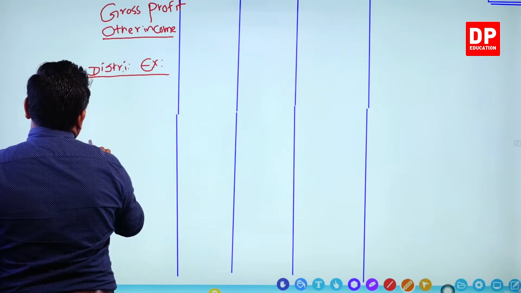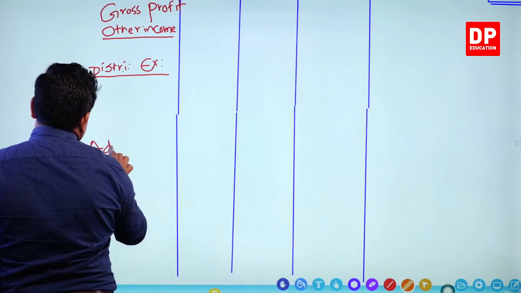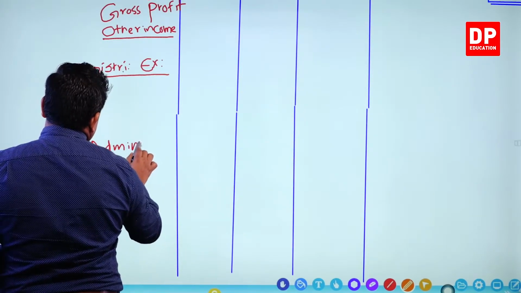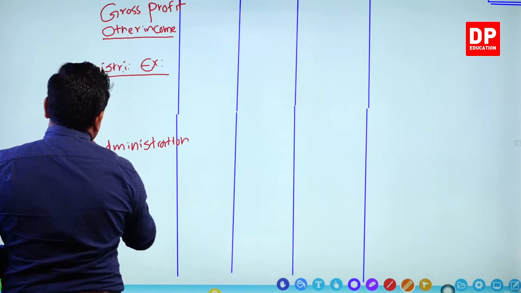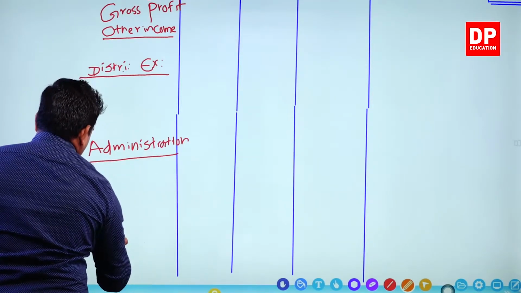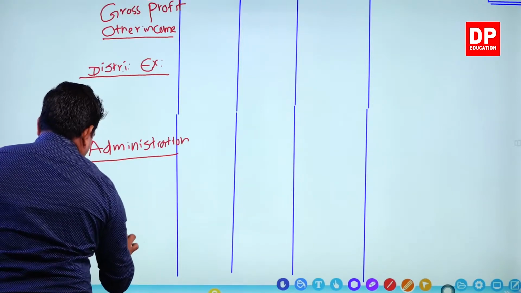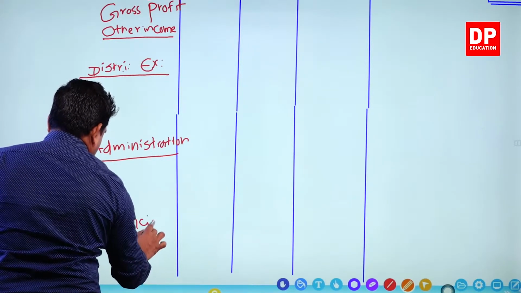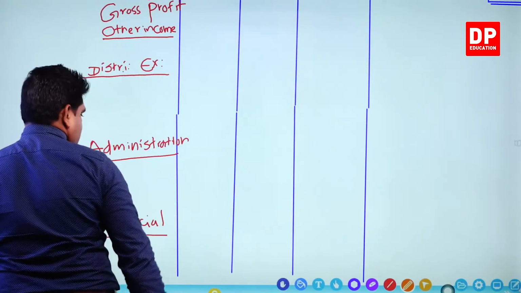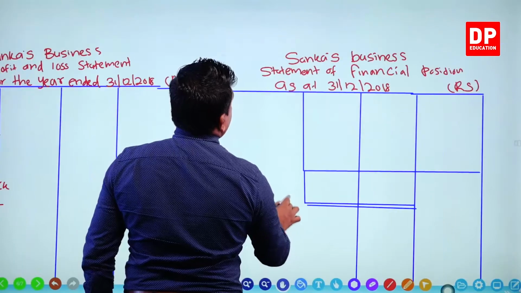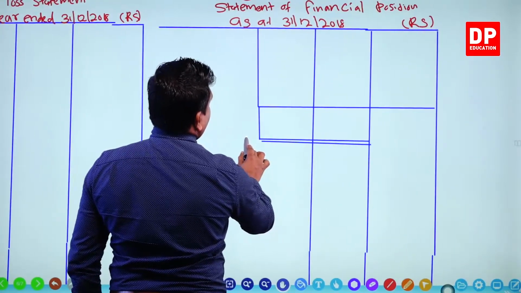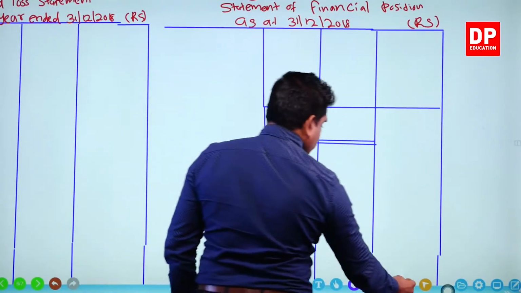Then administration. Then finally financial expense, right? Now we move to the statement of financial position.